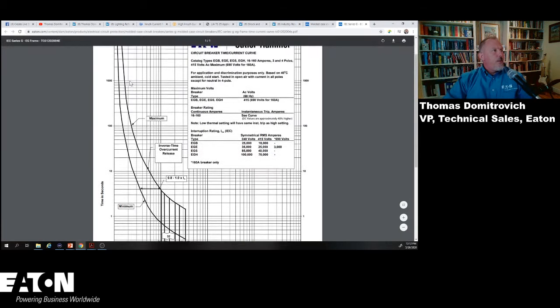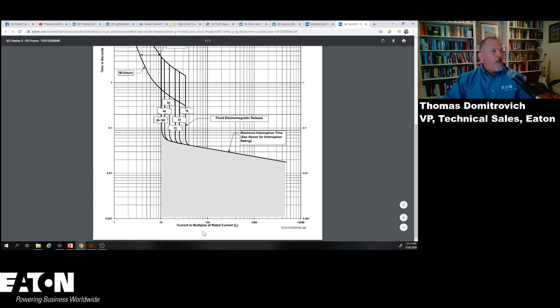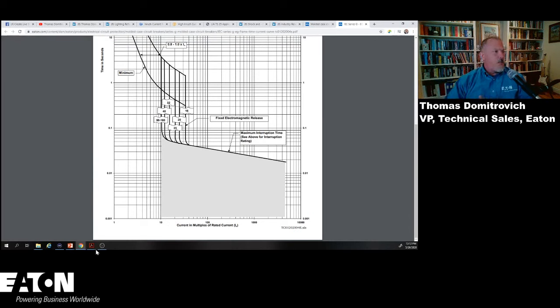So it shows that we are in multiples of rated current. So if I am at 60 amps, then since it's multiples of rated current, that is 1 times 60, so this is 60 amps. 10 times 60 is 600 amps, and so on up to 6,000 amps. You get the idea of the time current characteristic curve and how to read this.